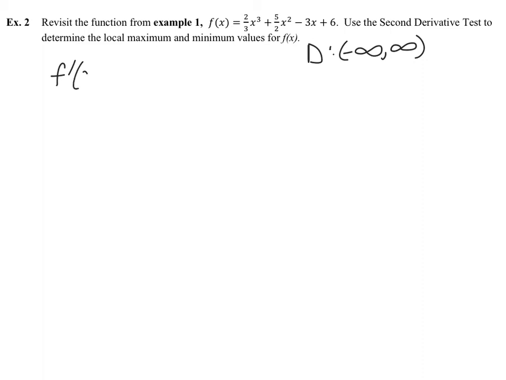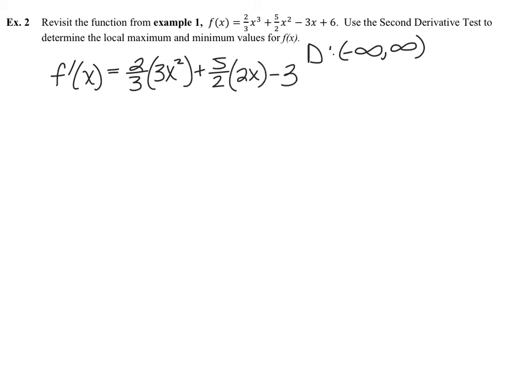And then our first derivative will be 2/3 times the derivative of x cubed, which is 3x squared, plus 5/2 times the derivative of x squared, which is 2x, minus 3, which will simplify to 2x squared plus 5x minus 3. So then we need to go ahead and find our critical numbers.